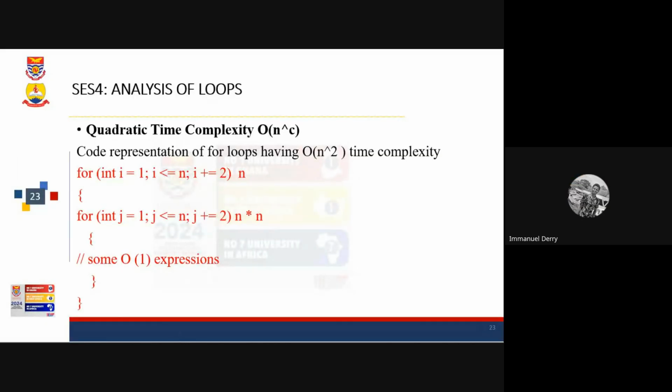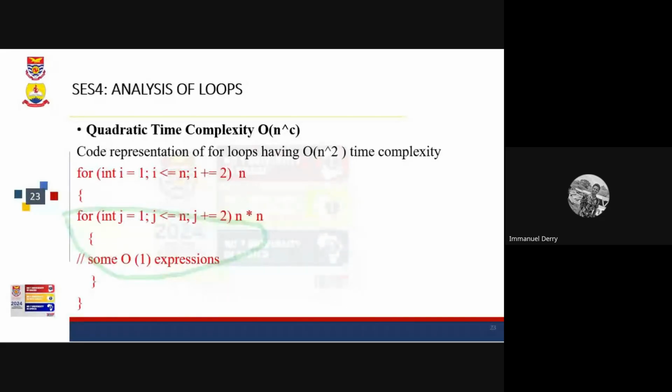And similarly, we have quadratic time complexity as well, which is n raised to the power c. And this is a code representation that we have. These two are for loops, and one of them is inside another loop. So this is the first for loop, and this is the second for loop. However, the second one is inside the first one.